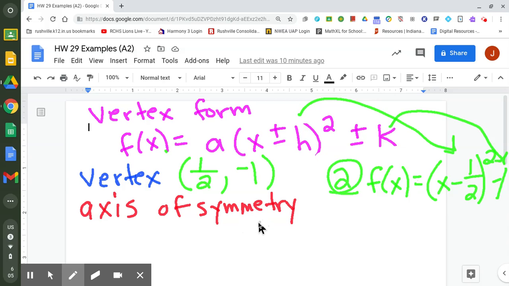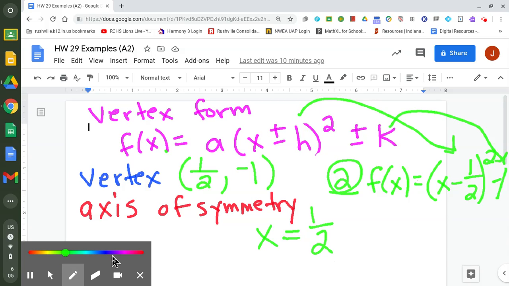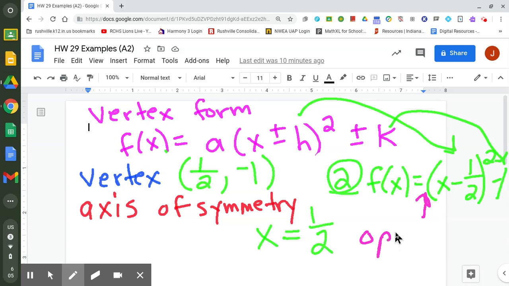And then the axis of symmetry is always x equals, which I think is already in, oh no, this time you have to type in the x equals, and it would be positive 1/2. And then without even graphing it, again, there are some things that you could notice. There is no number in front of the parentheses, so that actually means it opens up because there's no negative and there's no number. So it opens up, and you know the vertex is (1/2, -1), so you could eliminate 2 of the choices.